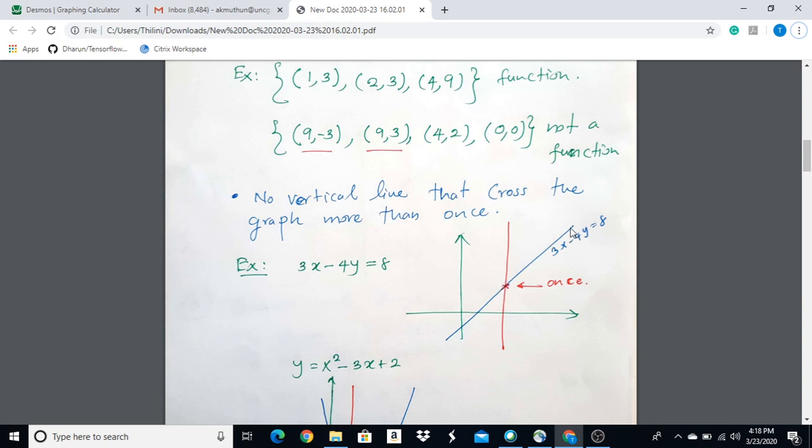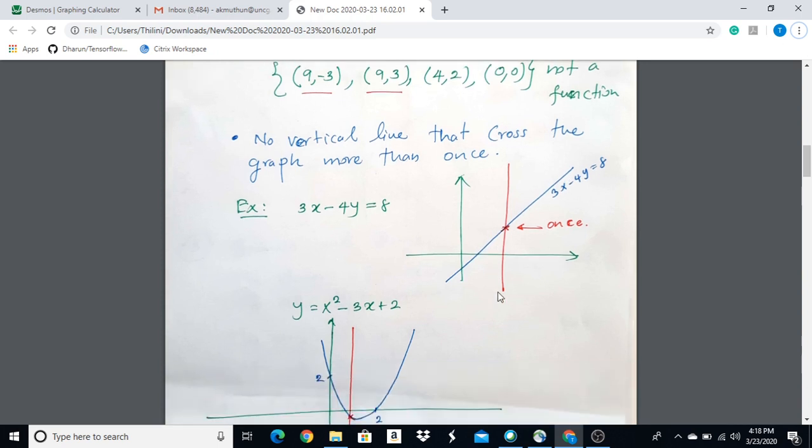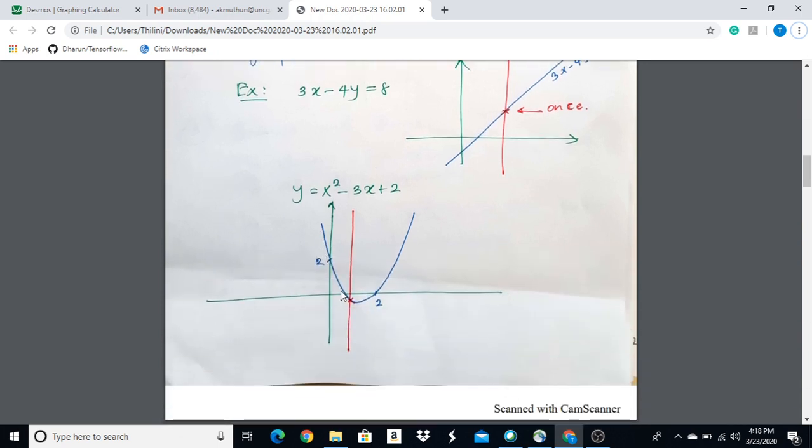So that means this line represents a function. And the second example, this is the graph that we are interested in, the blue line. No matter where you draw a vertical line across this graph, it crosses exactly one place on this graph. So this is also a function, or the graph of a function.